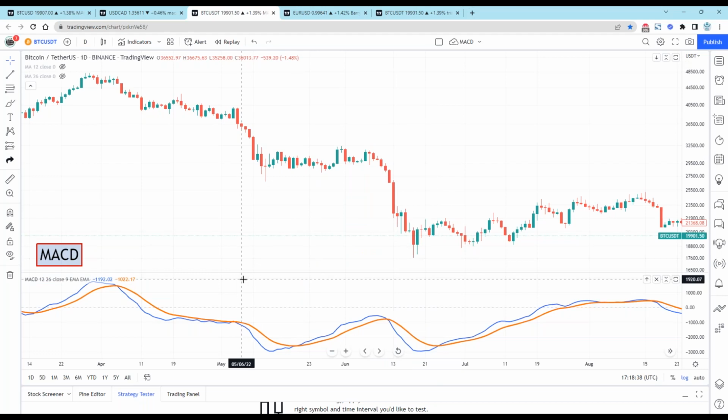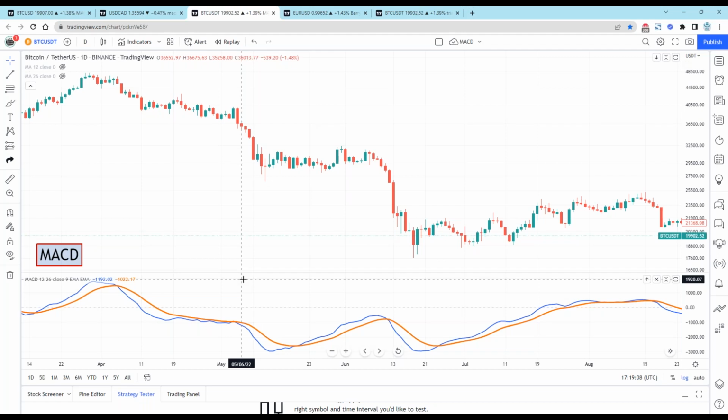So the orange line is called the trigger or the signal line. The orange line is a 9-period EMA, which is exponential moving average, of the blue line. It's the same calculations as above, and then it is smoothed with a 9-period exponential moving average.